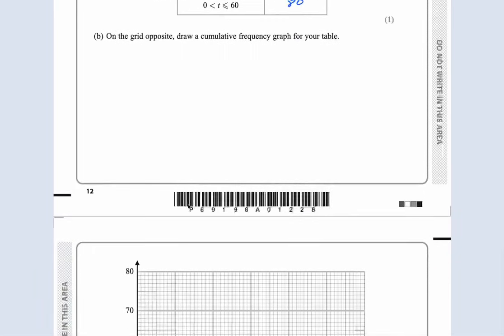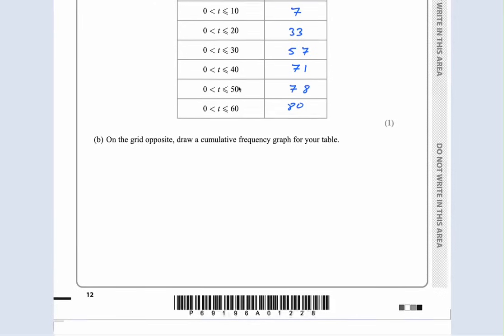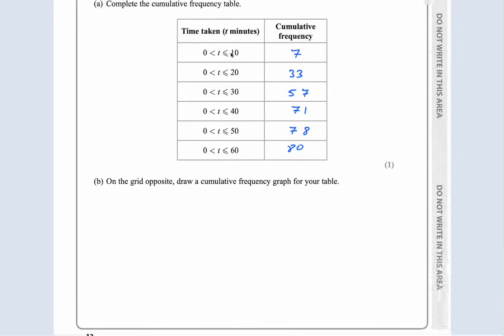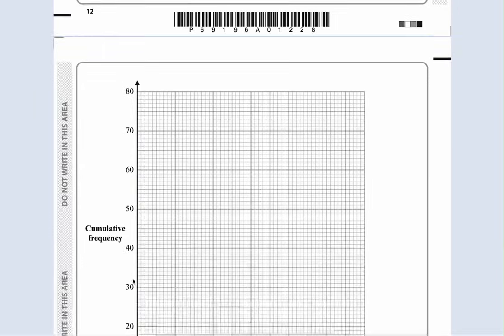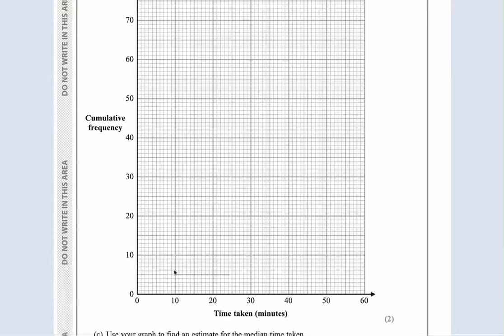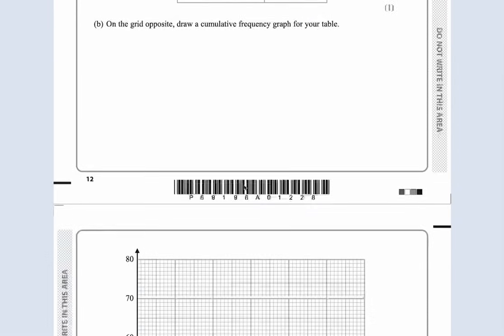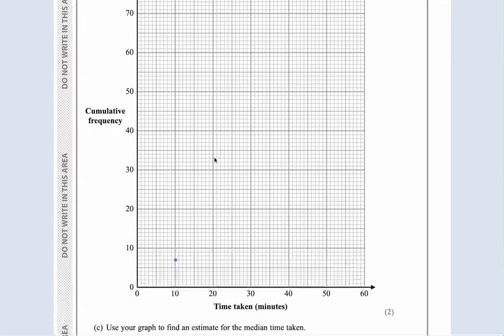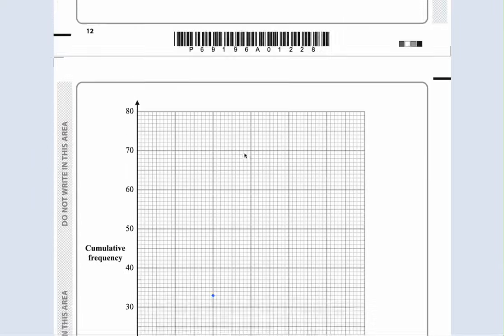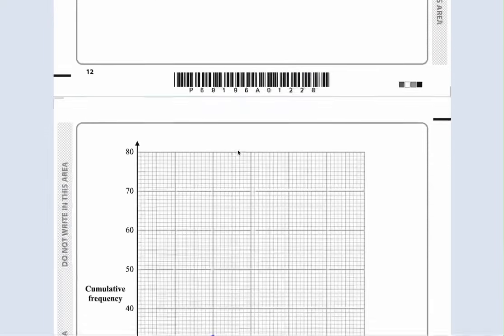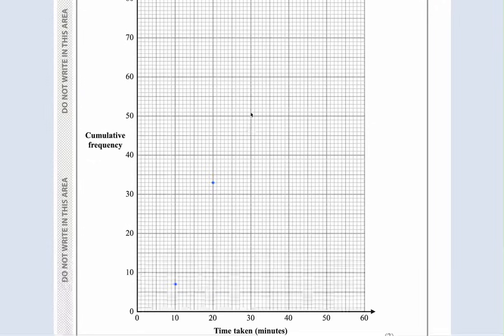On the grid opposite, or just here, draw a cumulative frequency graph, right? So it's 10, 7. I need to go to 10, 7. There. So you always use the end point of this. So 10, 7, 20, 33, 30, 57.